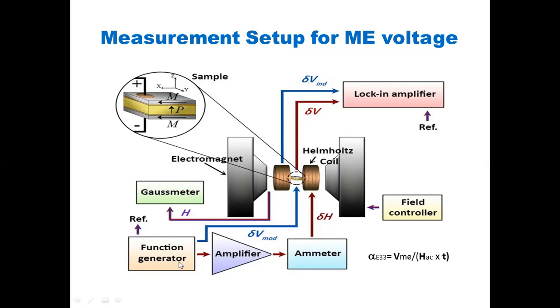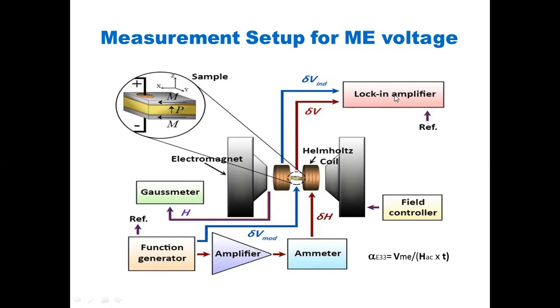And this function generator, ammeter, amplifier, and emitter are connected to this Helmholtz coil via this sample. And next, the voltage produced across this multi-layer sample, at the top and bottom of this multi-layer sample, is connected to the lock-in amplifier.